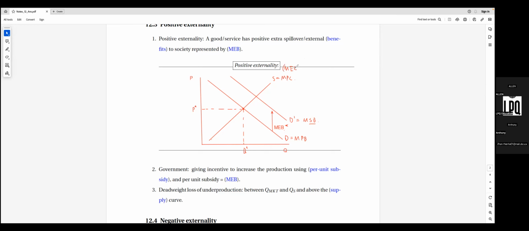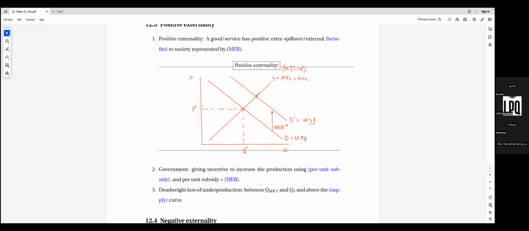MEC equals 0, because this is a good thing. The market generates no bad effects on our society. So MEC equals 0. Because MEC equals 0, the supply curve, MPC, can also be equal to marginal social cost, MSC.